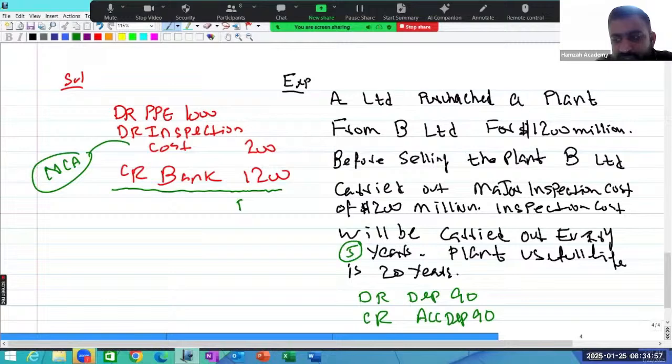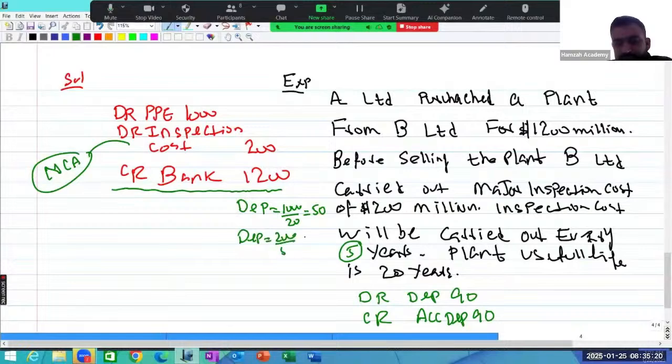So the depreciation for the plant, let me recalculate, will be 1000 divided by 20, so it will be 50. And the depreciation for inspection cost will be 200 divided by 5.